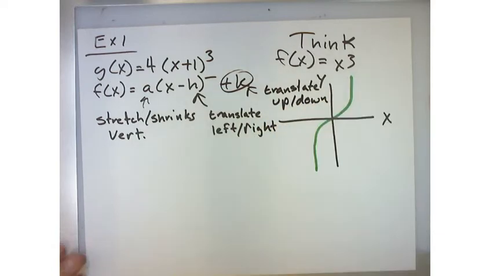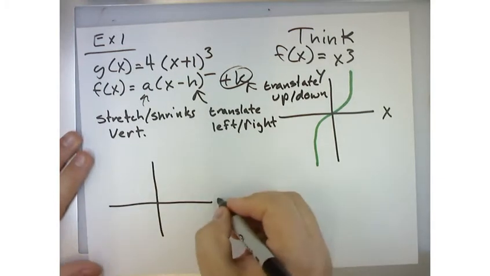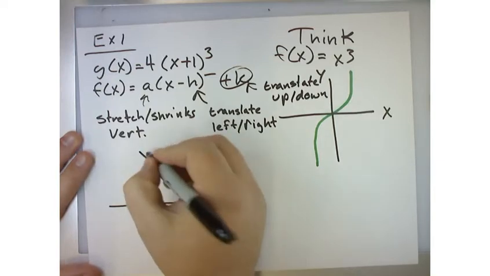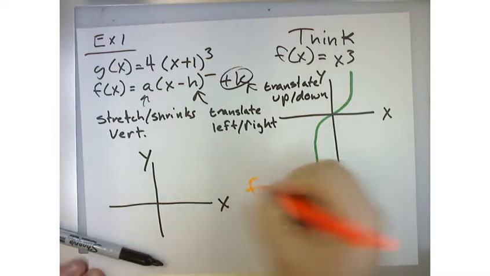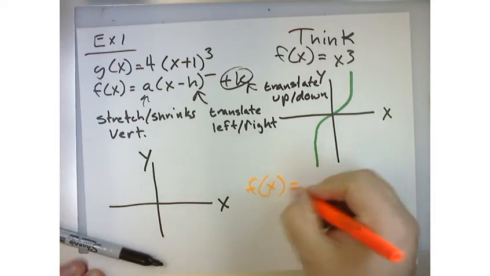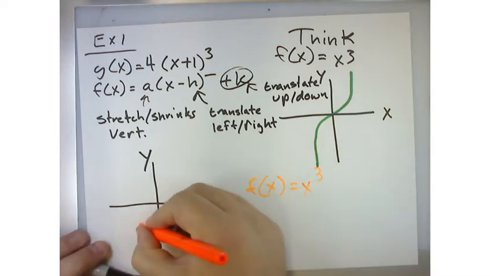Okay? So when I look at this function, g of x, the first thing I want to think is f of x is equal to x cubed, and that's going to look like this.